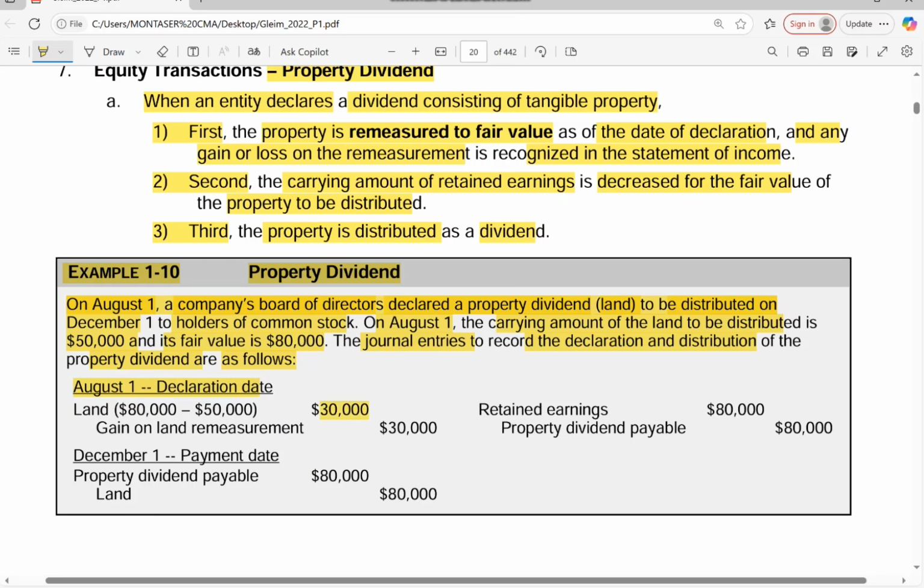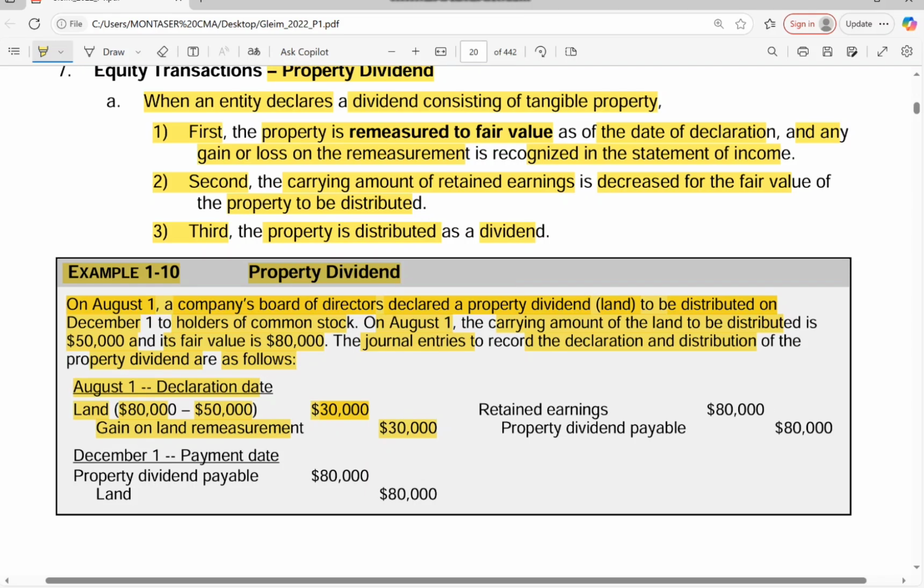It is the difference between 18,000 and 15,000. So we must debit the land for 30,000 and credit gain on land remeasurement for 30,000. This journal entry will be reported on the statement of income.